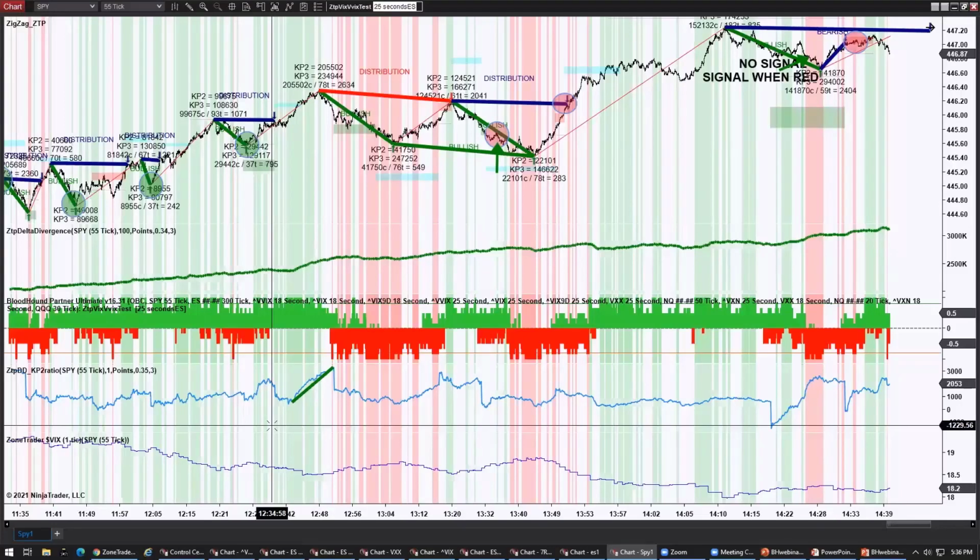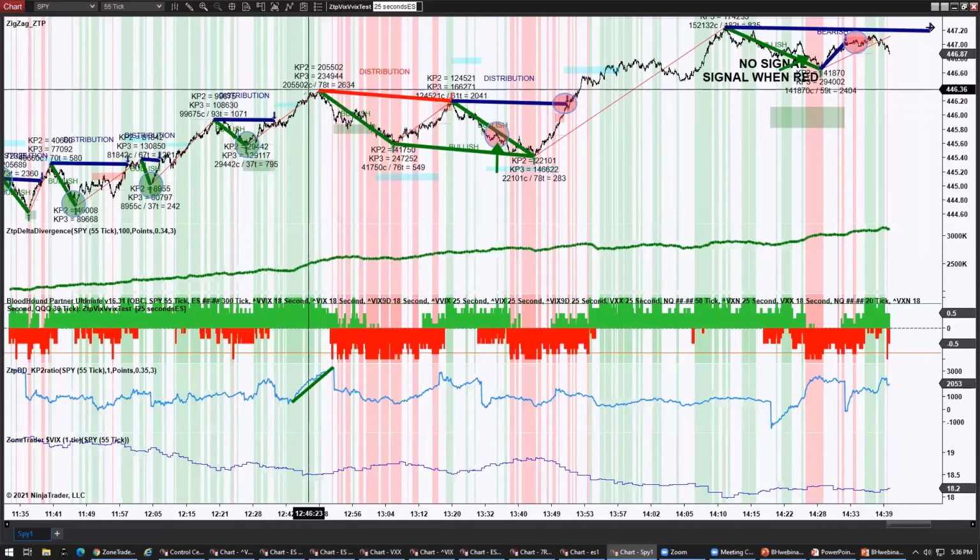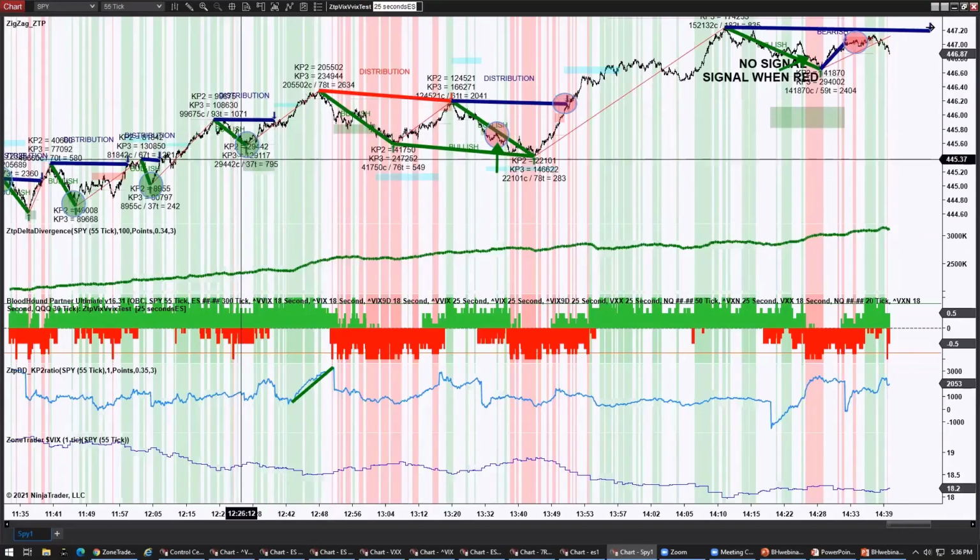And that is something that, because 90% of the time, you're not going to get a reversal signal up here where there's divergence and a red VIX. It's not going to happen. So what you have to do is create a trading plan. And that trading plan says what you do to get into a trade.